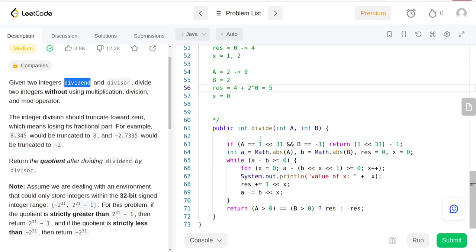So n being the value of the dividend, the time complexity is log of n squared, and we are not taking any extra space.